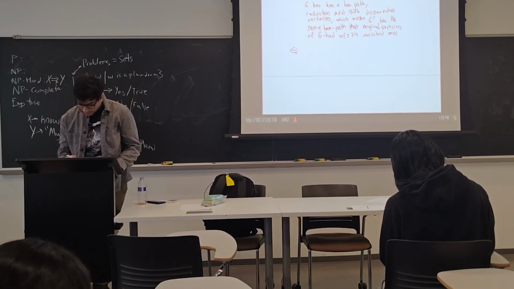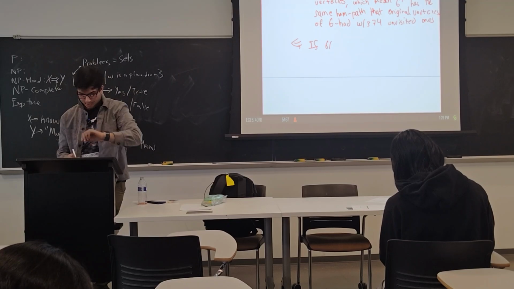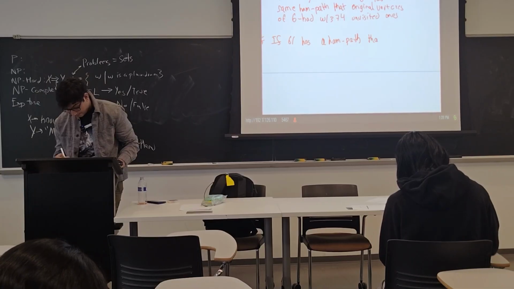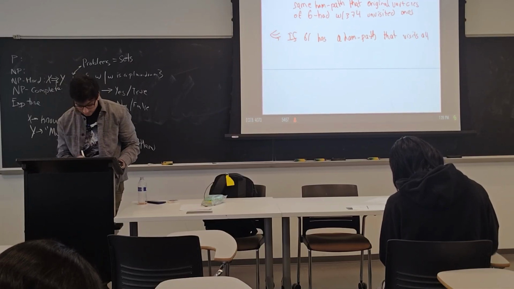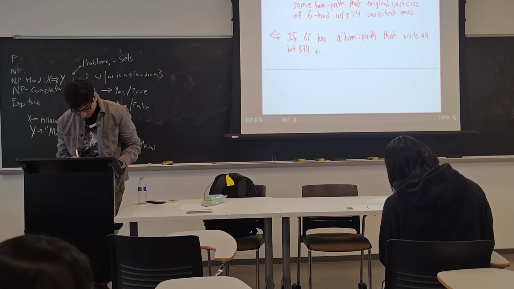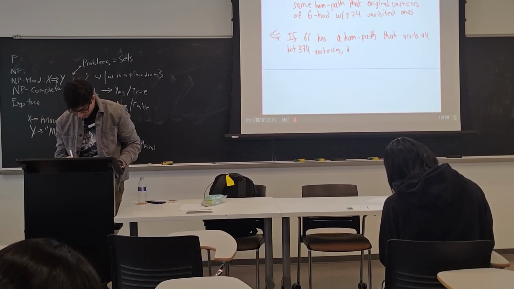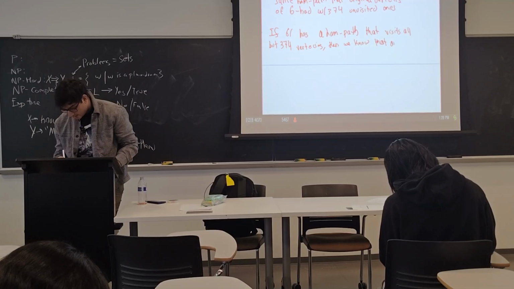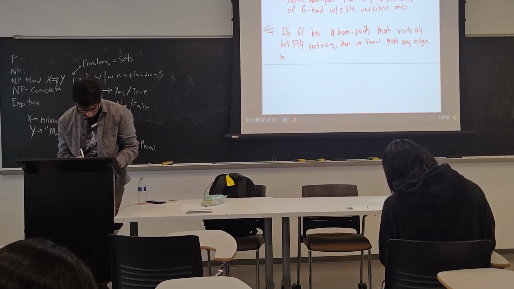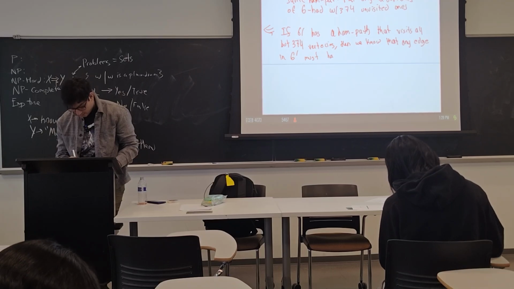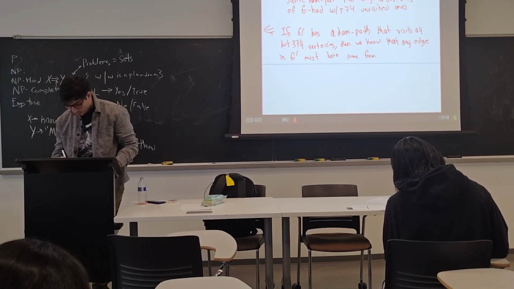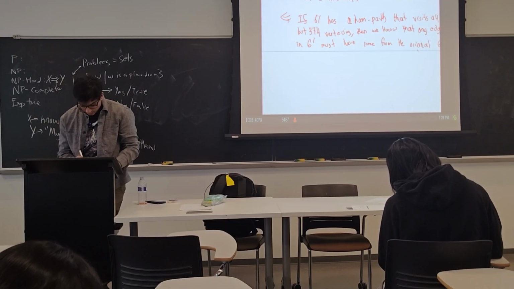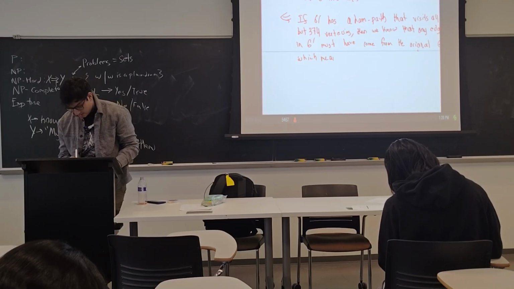In the reverse direction, if G prime has a Hamiltonian path that visits all but 374 vertices, then we know that any edge in G prime must have come from the original graph G, which means G has a Hamiltonian path.